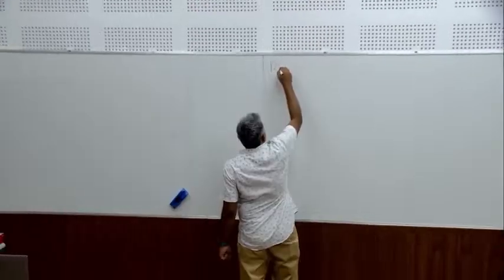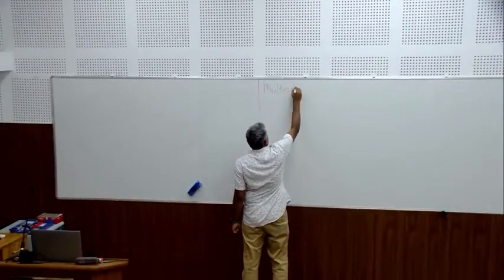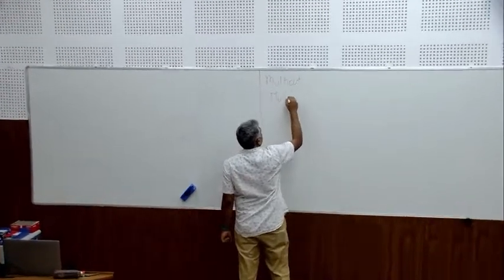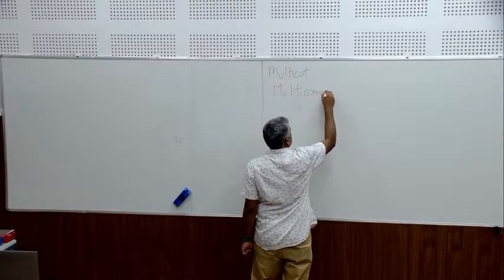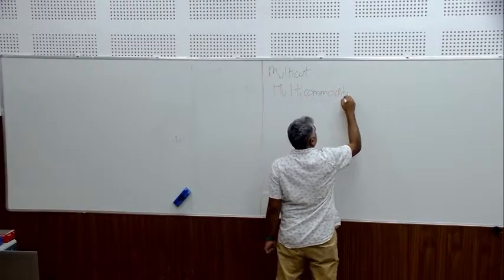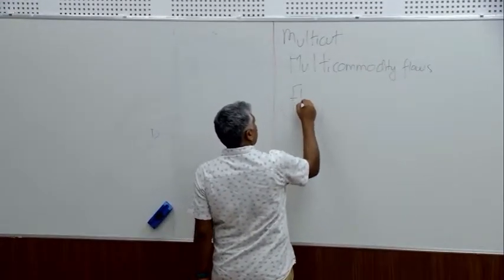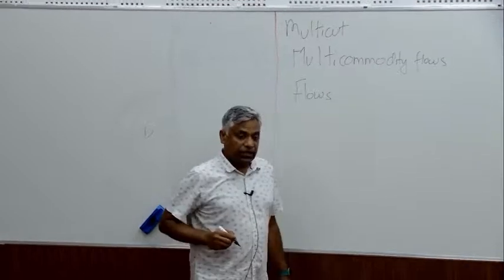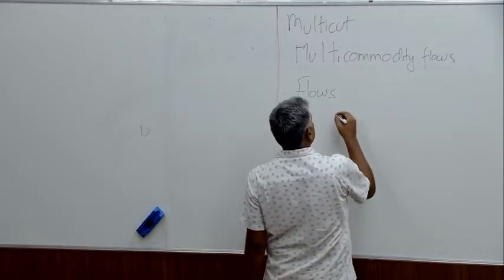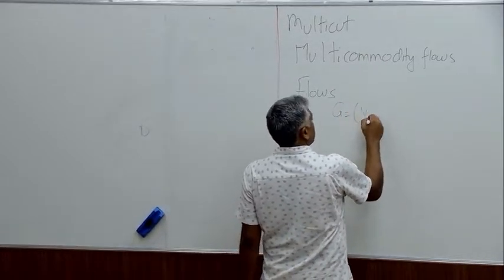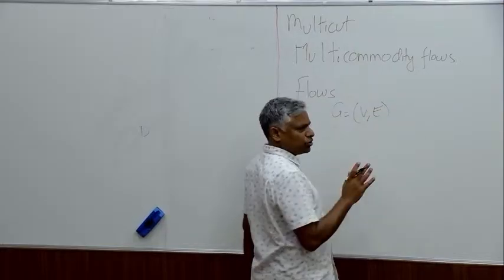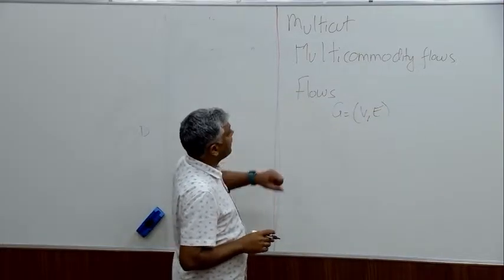Okay, so as I said, I'm going to be talking about multi-cut, and before I talk about multi-cut, I have to tell you what multi-commodity flows are. And before I tell you about multi-commodity flows, I will briefly recap flows in graphs. So what is the setting? The setting is that you're given a graph. Let's assume directed graphs for explaining flows.